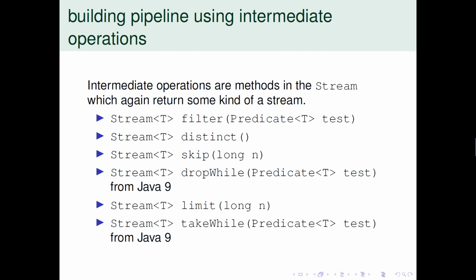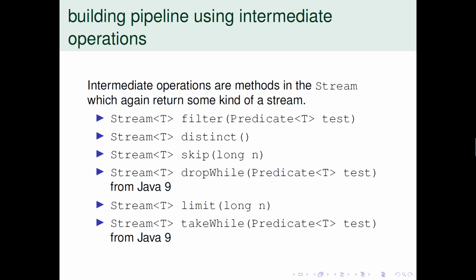But as soon as you come across the first element where the test fails, stop, don't test further. Don't send anything further. So output stops as soon as the test fails, and that's the take while method.